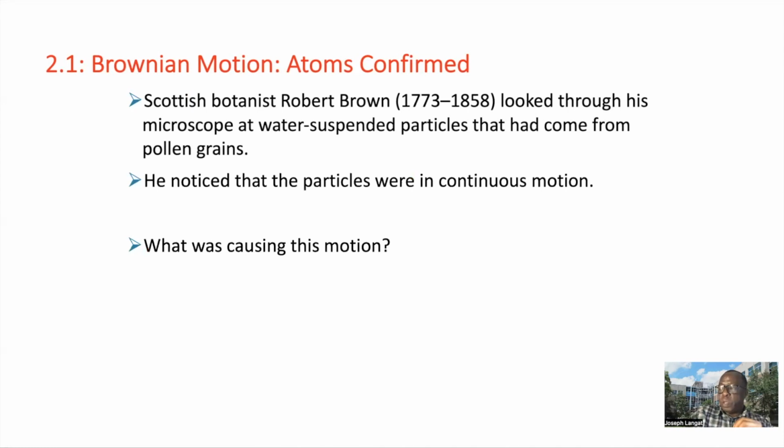It was because of the water molecules. Later on, it was established by Albert Einstein in 1905 that the movement of the pollen Brown noticed was a result of water molecules moving. The water molecules moved because of thermal energy, bombarding the pollen.